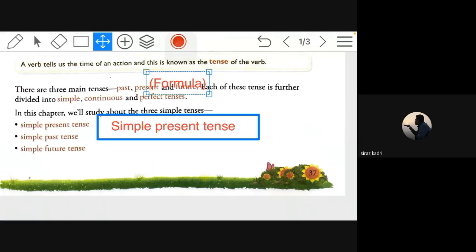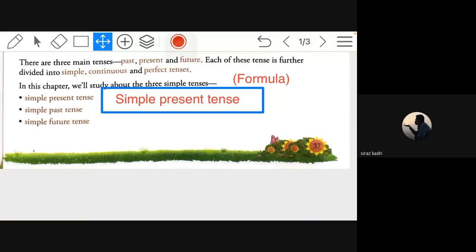Whole lot of noise is there. Come on, waiting for your answer. Okay, Muskan, can you tell me?